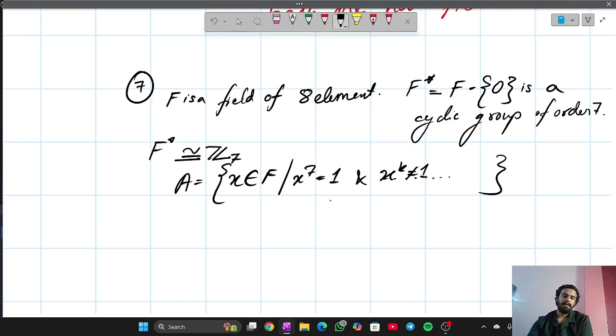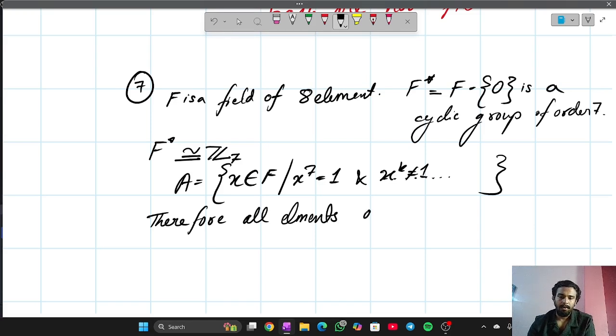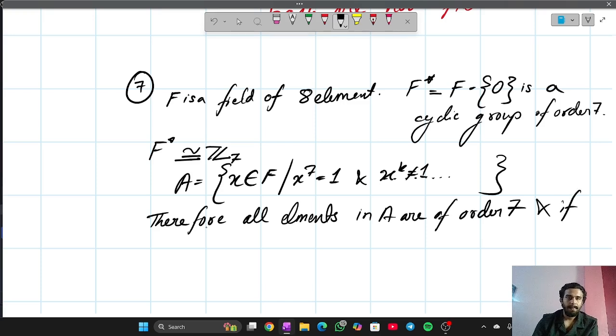Now, if you know this, therefore I can say that, since it is isomorphic to Z7, all elements in A are of order 7, and if x belongs to A, then x belongs to F star.